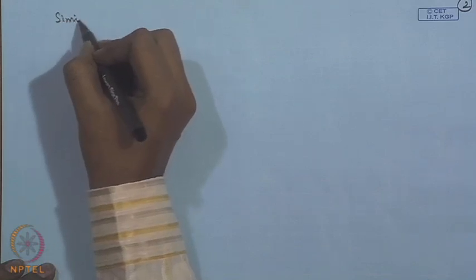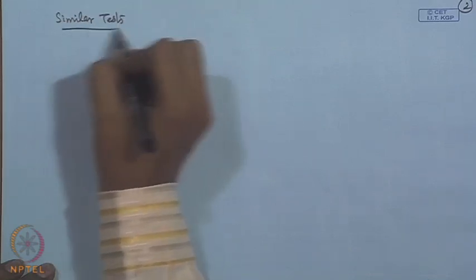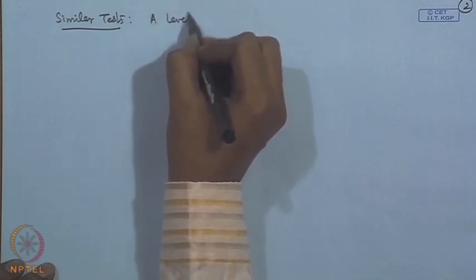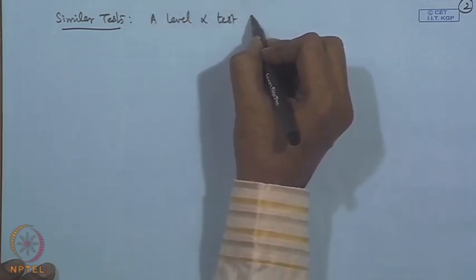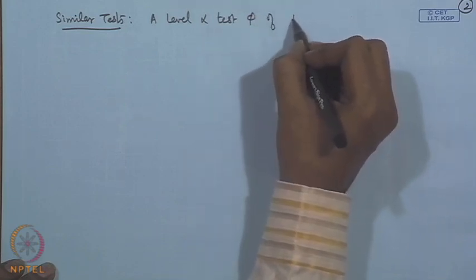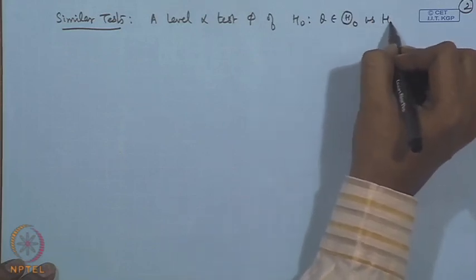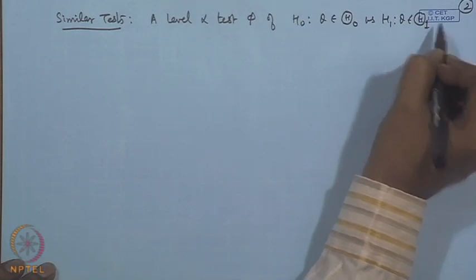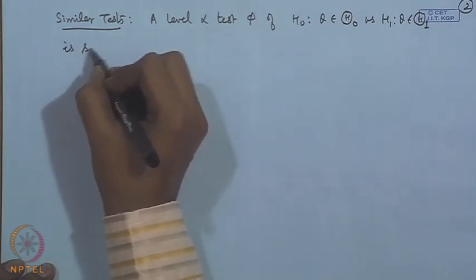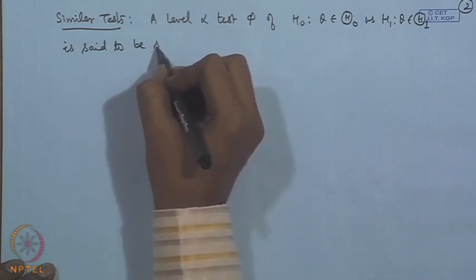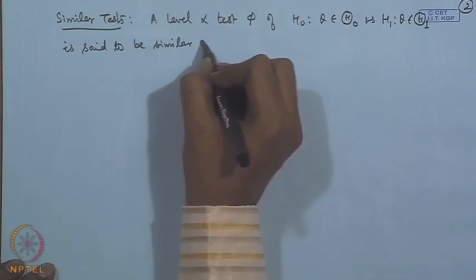So, we give a definition here which is called similar tests. These are helpful in deriving UMP unbiased tests. What are similar tests? A level alpha test phi of the hypothesis testing problem H naught theta belonging to theta naught against H 1 theta belonging to theta 1 is said to be similar on the boundary.